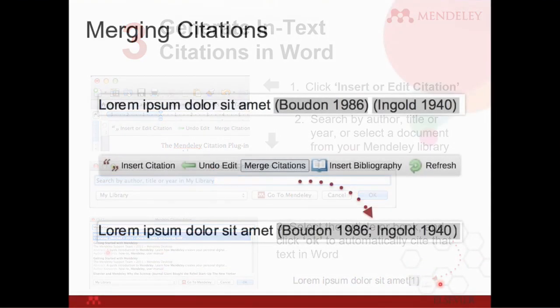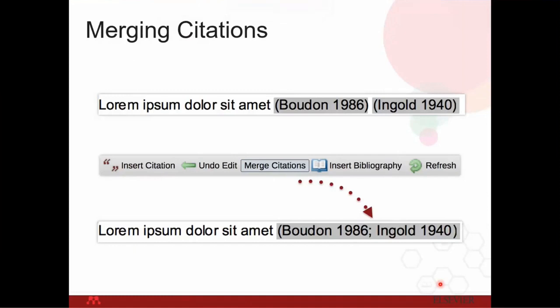Merging citations. As you work through your paper, sometimes you need to add an extra citation next to the previously added citation. Like just before, you only added one article, right? Then suddenly you feel that one article is not enough.